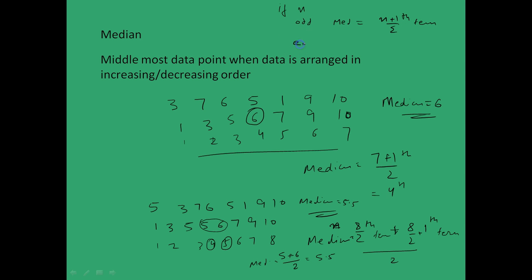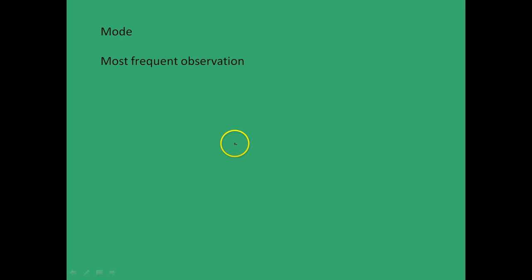But if n is even, median is actually the average of the n by 2th term and the n by 2 plus 1th term. It's the average of these two terms. So that's something that needs to be kept in mind. Apart from that, calculating median is pretty straightforward.